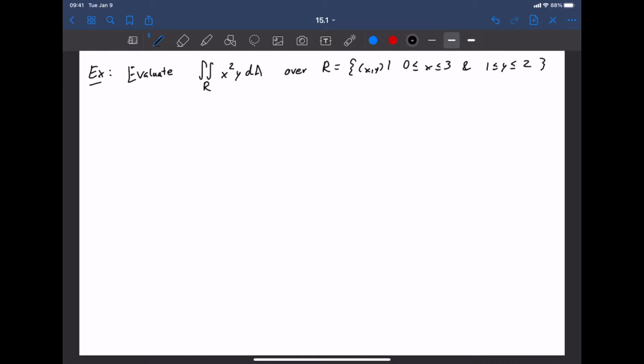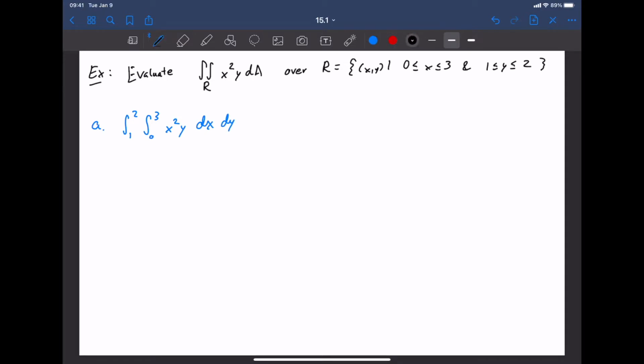There's two ways to do such an integral. A, we can break it up into x first, then y. So y is second, y should be on the outside, x on the inside. Again, make sure you understand it's dx and then dy.